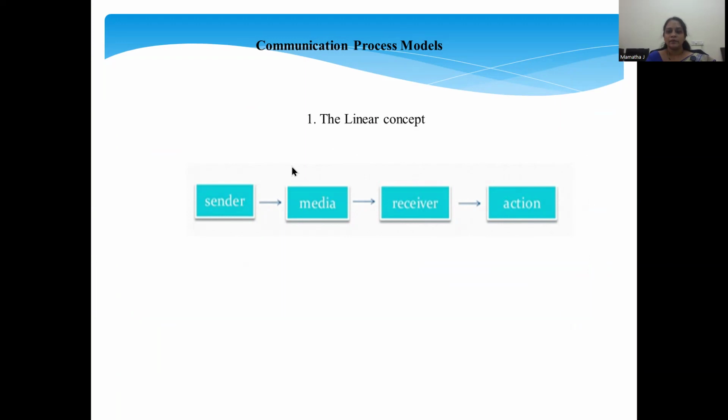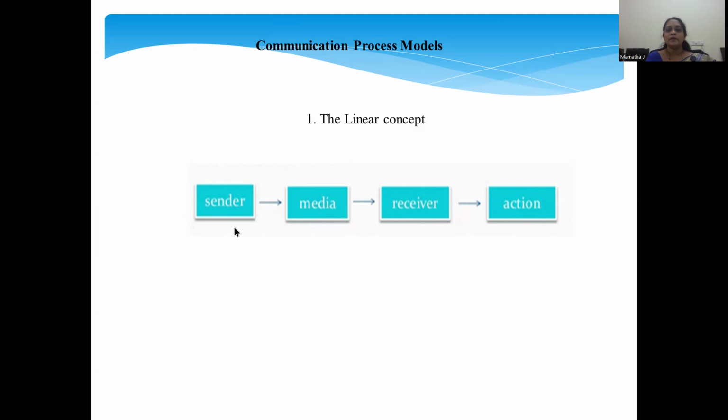This is the simplest model, and it includes the following elements: a sender, a medium, a receiver, followed by the action. This concept is based on the assumption that the message is passed in a linear way. That is the reason it is called the linear concept.